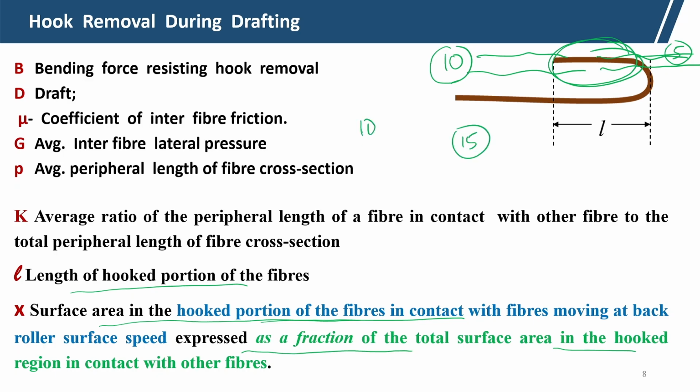So, 10 by 15 is that x. So, in the hooked portion only, where the fiber is in contact with other fibers moving at the back roller speed, expressed as a fraction. So, this is the fraction here.